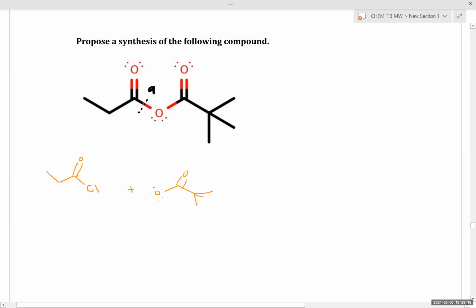Is there another route? Is there another synthesis of this compound that we can propose? Is there another synthetic route for this anhydride that someone else would like to share on the class whiteboard?